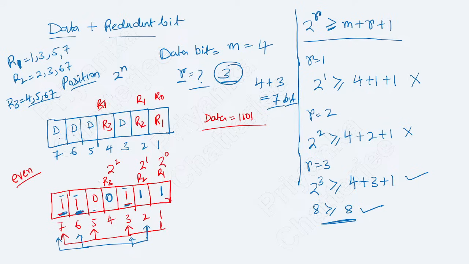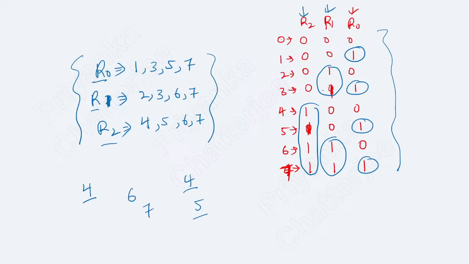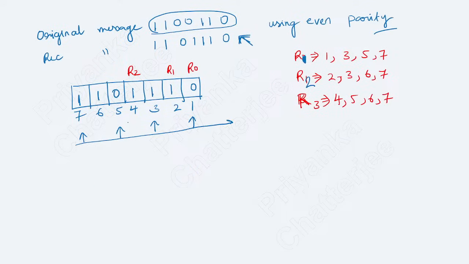Just check the position of R1, R2, R3. Here don't be confused with the number. Here this is R1, this is R2, this is R3. Here also this was R1, R2, R3. Here also this is R1, this is R2, this is R3. So that there will be no confusion.